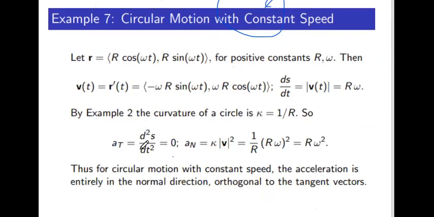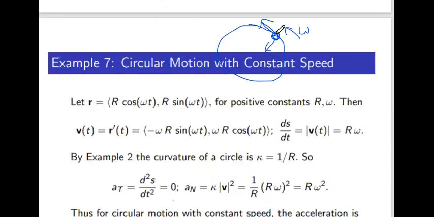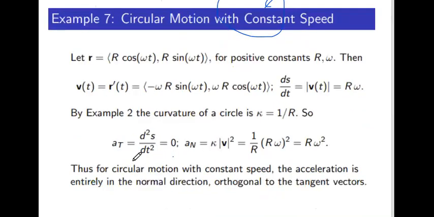So if a particle is moving along this circular path with constant speed, there is only a normal component of acceleration, r omega squared.